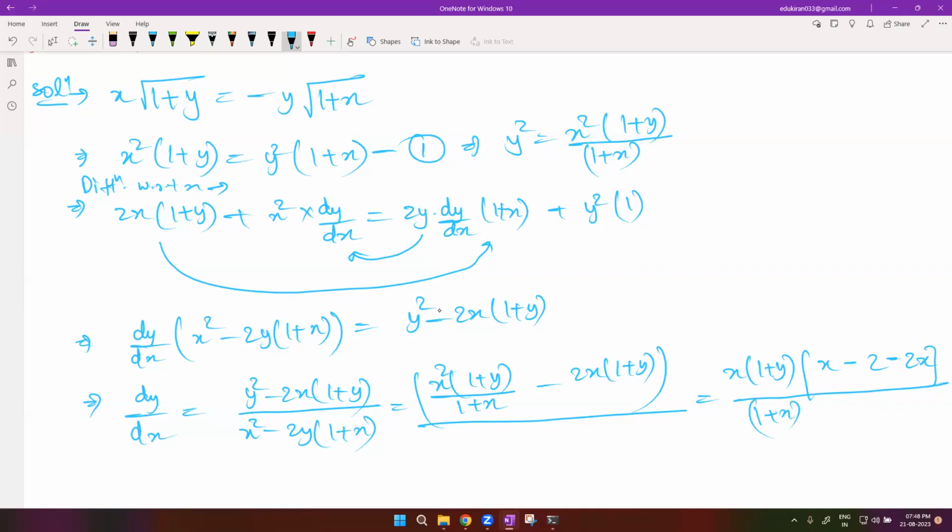Yes, we need to substitute x square as well. So x square would be y square into 1 plus x divided by 1 plus y, minus 2y into 1 plus x.